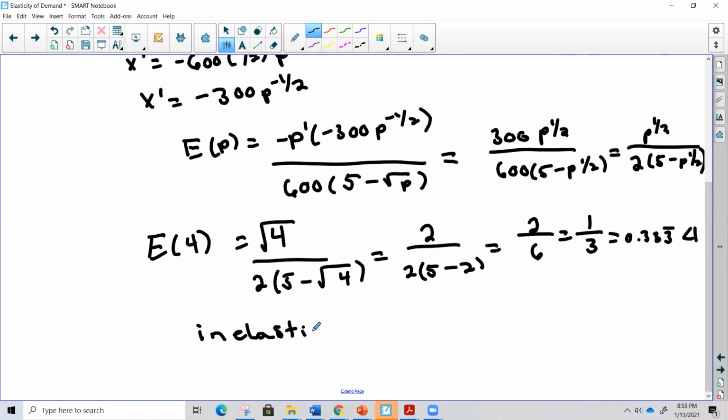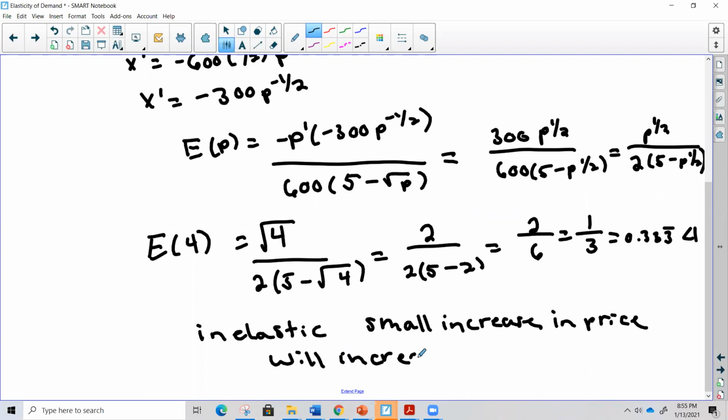And anytime it's inelastic, it means that a small increase in price will increase revenue. So the question said, should the price of the ticket be raised or lowered?